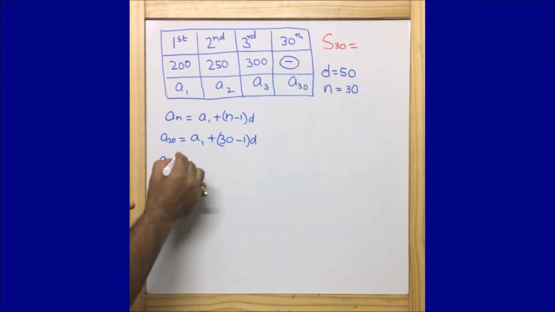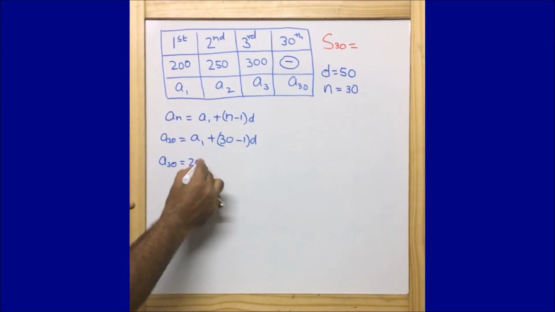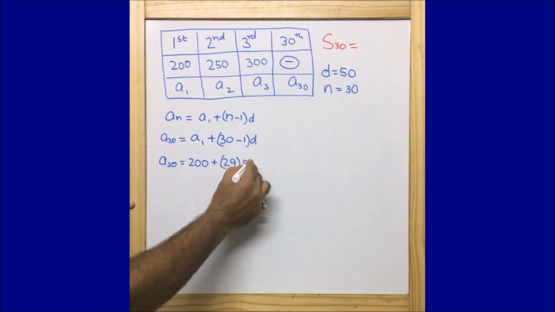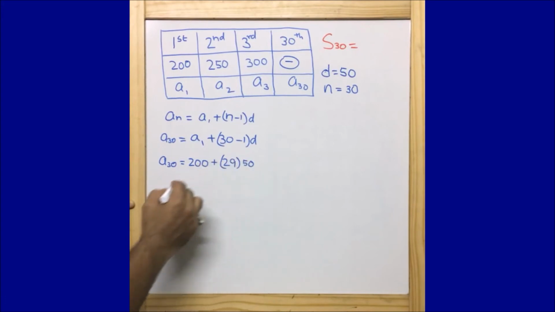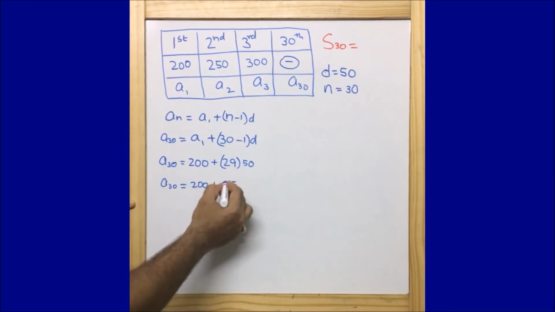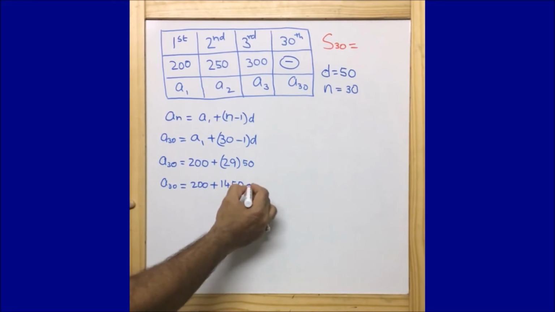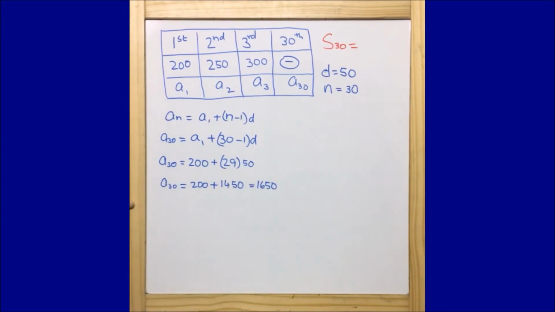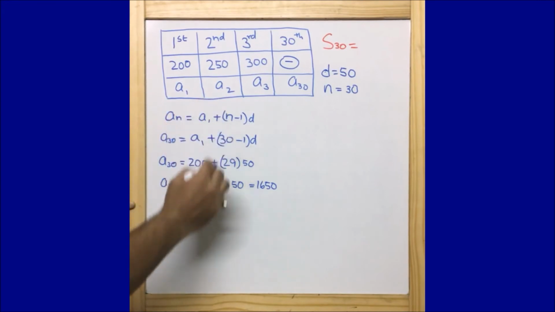A30 is equal to a1, which is 200, plus 29 into 50, because the d value is 50. So a30 is equal to 200 plus 29 into 50. 5 9s are 45, 5 2s are 10, 11, 12, 13, 14, so 1450. Here we got 1650.